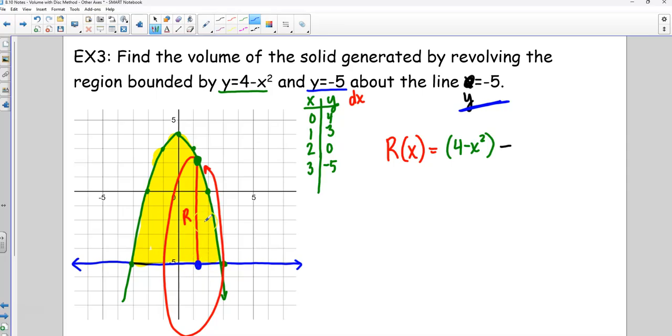What does my little radius line hit at the bottom? -5. Since it is a -5, that really becomes just a +5 on the end. So I would combine what I can combine here. 5 and 4 can be put together, and I've got 9 minus x squared.